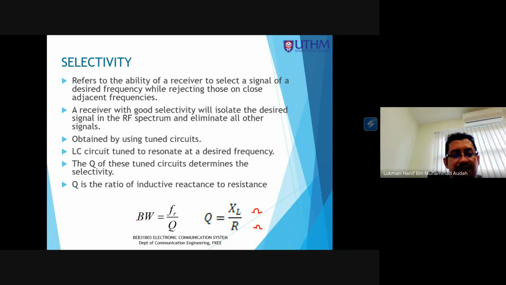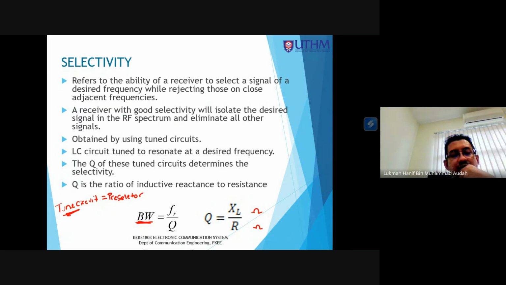Then we have the bandwidth of the pre-selector, the bandwidth of the tune circuit. You are going to hear the word tune circuit; the tune circuit is actually the pre-selector. You will see the word tune circuit after this.